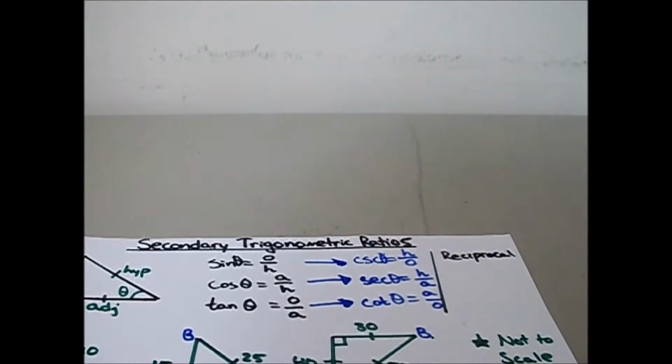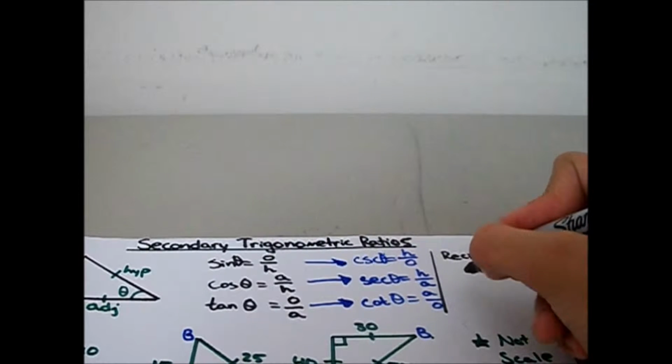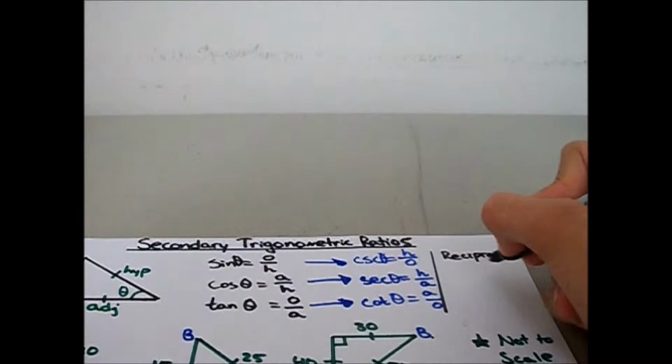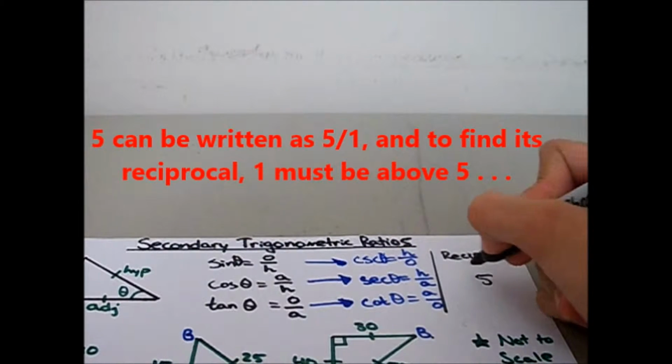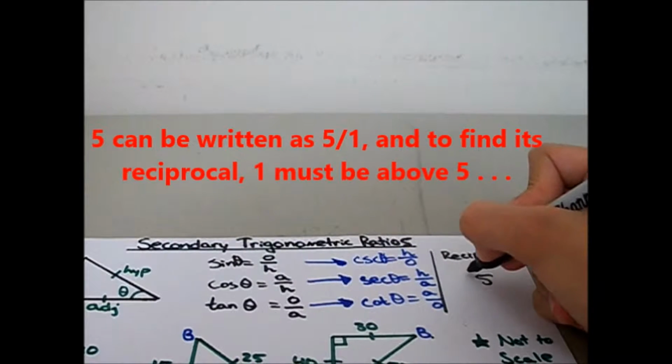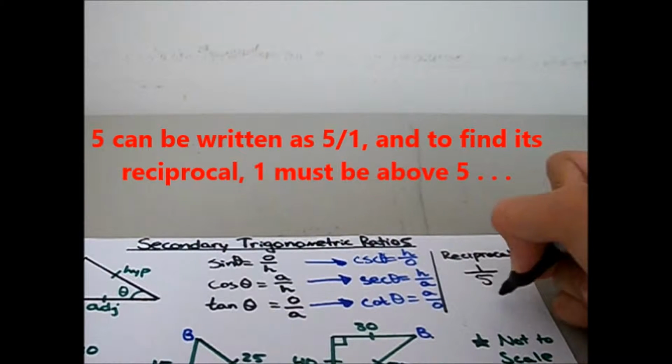Before we move on to our next practice, I just want to make sure that the reciprocal ratios are carefully understood. To change a number into its reciprocal, all you have to do is place 1 above it. Suppose I have 5 and I want to change it to its reciprocal. I will place a 1 above it like this.